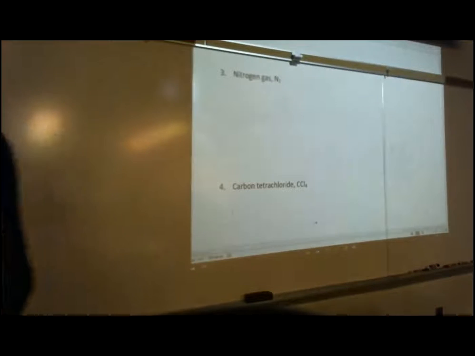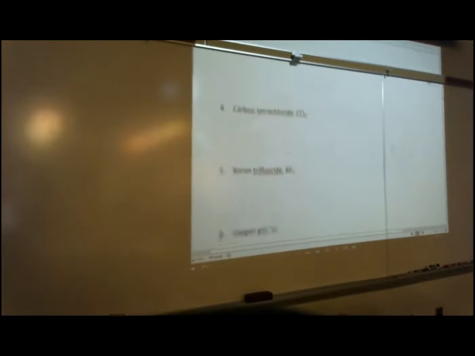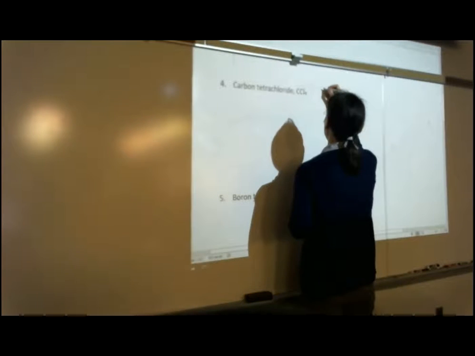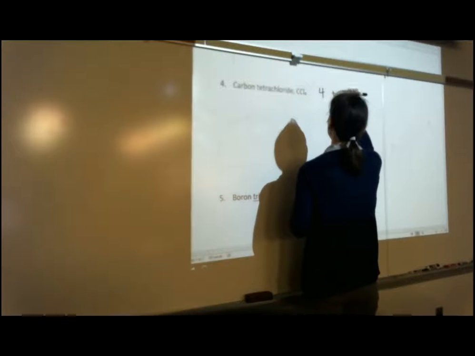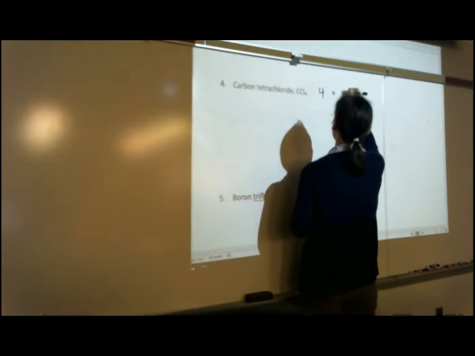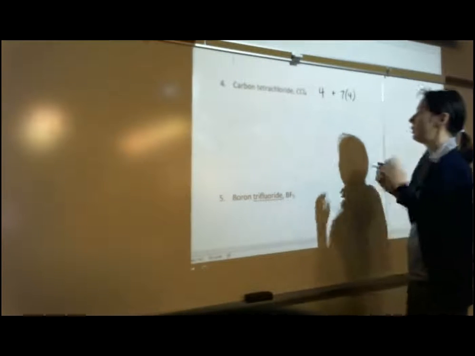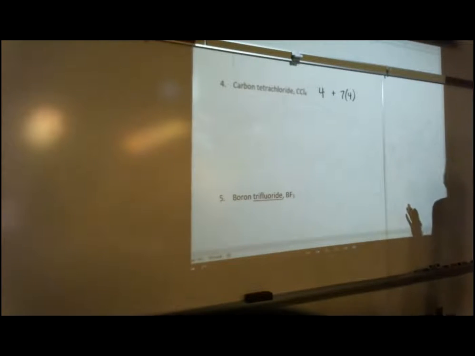All right, let's look at carbon tetrachloride, CCl4. So each carbon has how many electrons to deal with? 4. And each chlorine has how many? 7. And there are 4 of them, right? Do we need to worry about adding or subtracting any electrons?